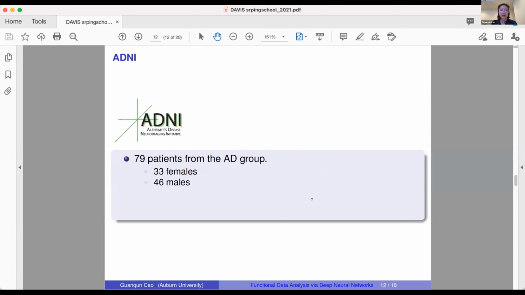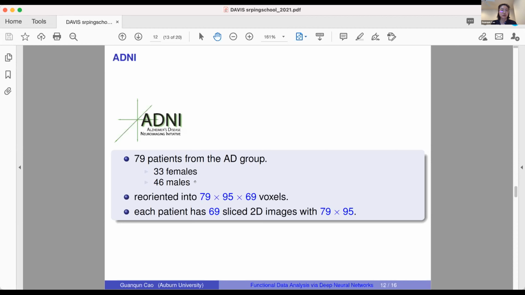So let me briefly show the real data, as we mentioned at the very beginning. We obtained this data set from the Alzheimer's Disease Neuroimaging Initiative, and we have a total of 79 subjects from the Alzheimer's disease group. For each patient, we have 39 sliced 2D images, so that is 39 by 95 by 95.